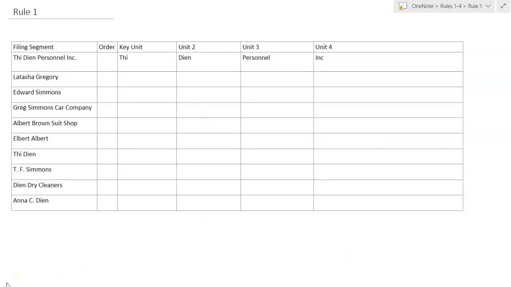The first rule in alphabetic filing deals with the indexing order of units.